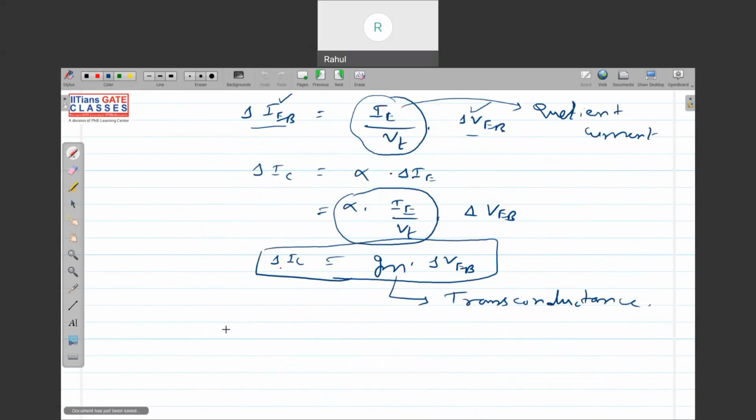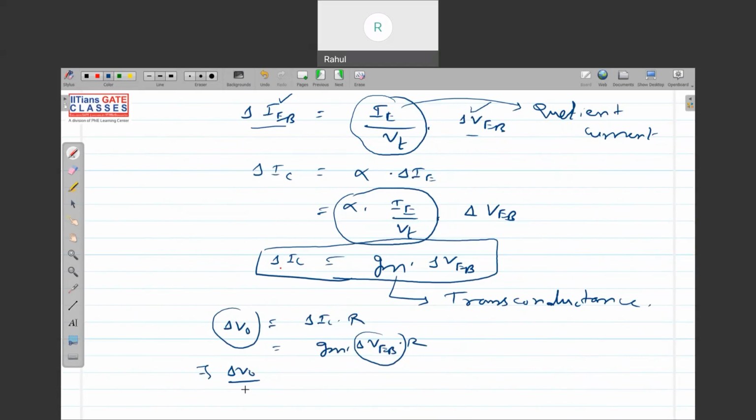The change in output voltage will be del IC into R, equal to gm into del VEB into R. This is the change in output, and this is the change in input. So the change in output by change in input equals gm into R. The output signal is gm into R times the input signal. This is nothing but your amplification factor.